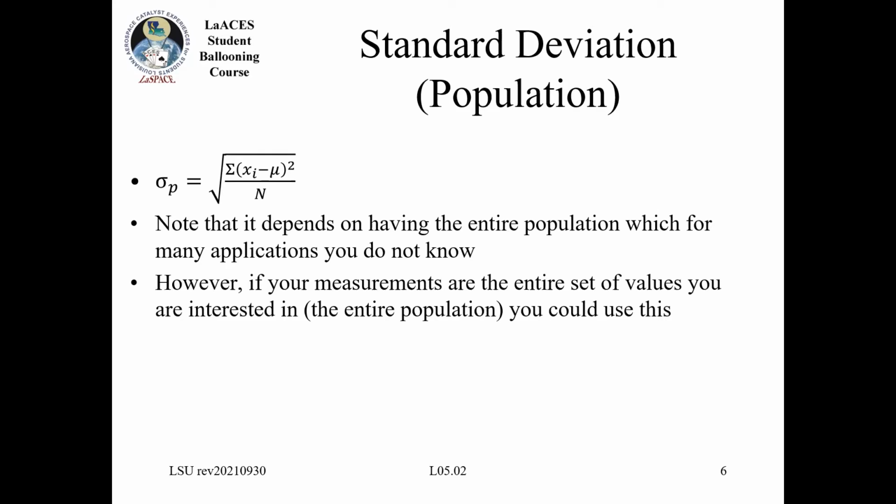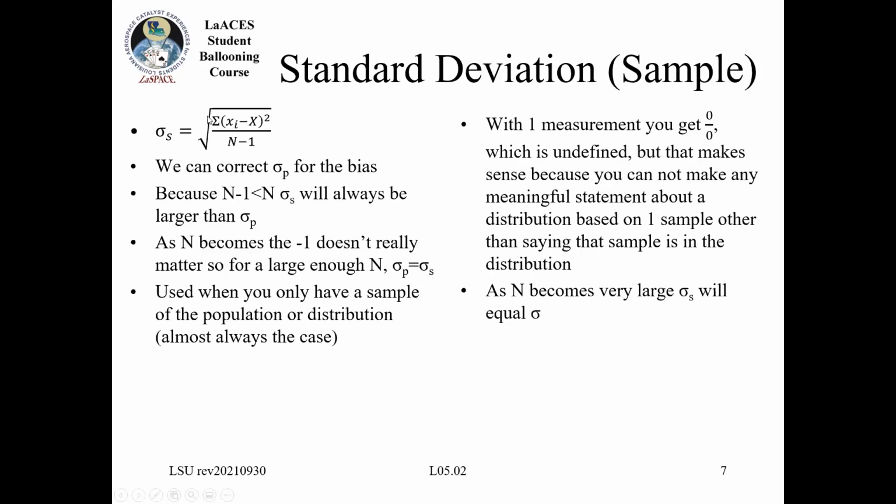But if you were actually doing demographics where my entire population is these 450 people, that's where you might use it. But because when we take measurements, we're basically taking samples, this is not the version we want to use. And you'll notice basically the only difference between this one and the sample standard deviation is that n-1 is on the bottom.